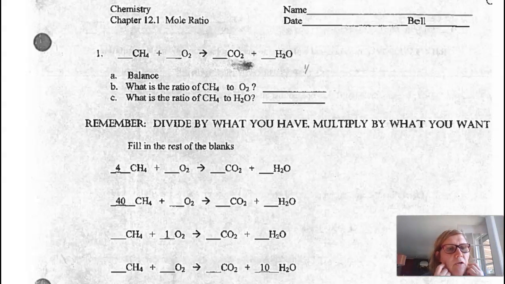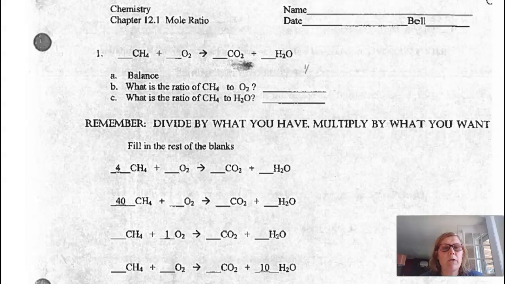In part of my lecture, before we get started into stoichiometry, I wanted to talk about mole-to-mole ratios. Whenever you look for mole-to-mole ratios, you have to be aware of the balanced equation.